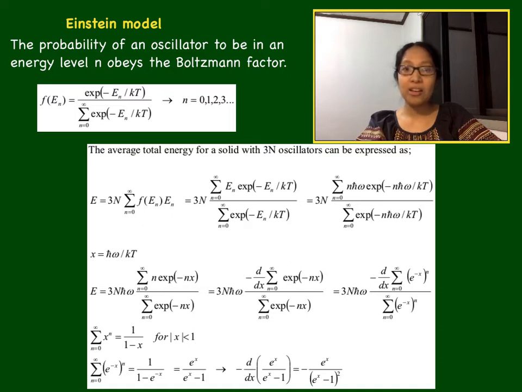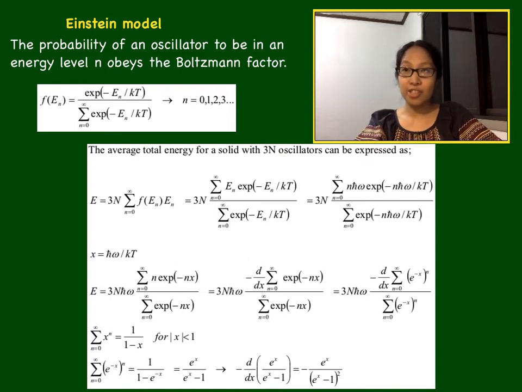We see here that we get the summation of exponent of negative E_n over kT, where n is from 0 up to infinity. So this will give us a fraction of the total number of oscillators in the quantum state.